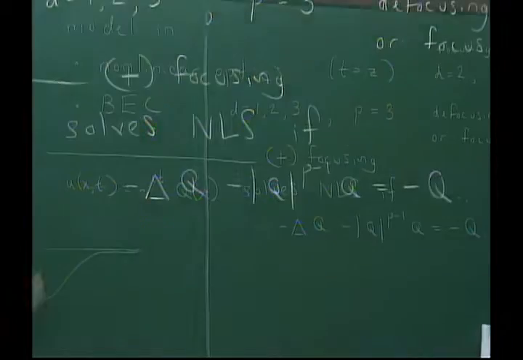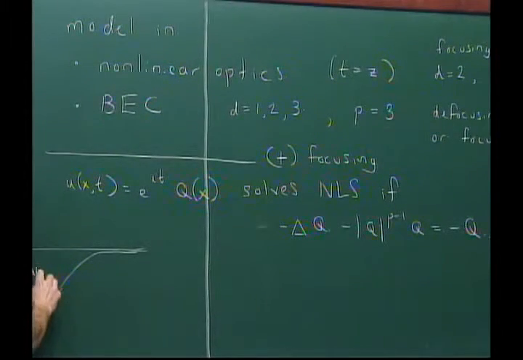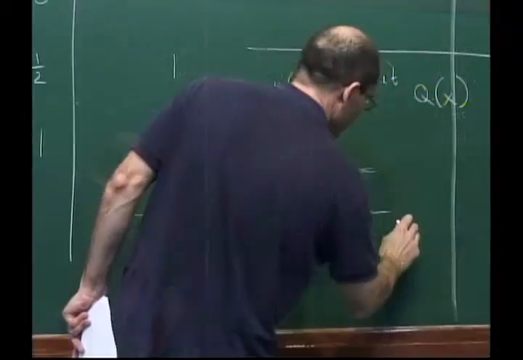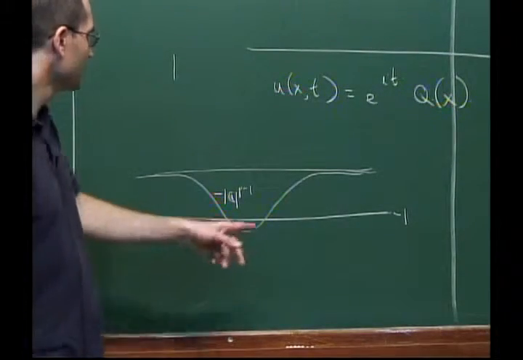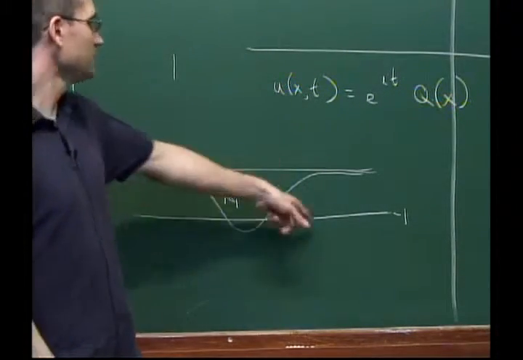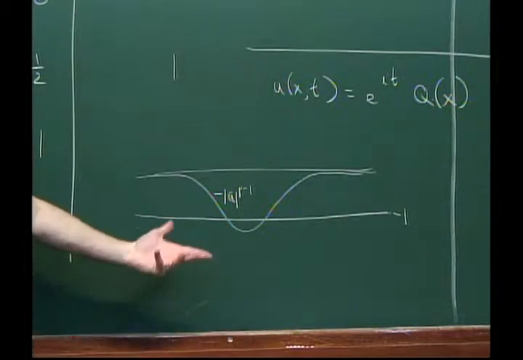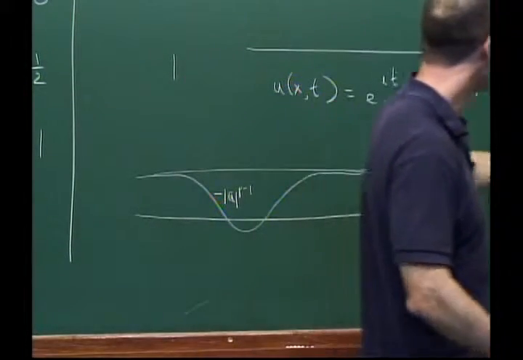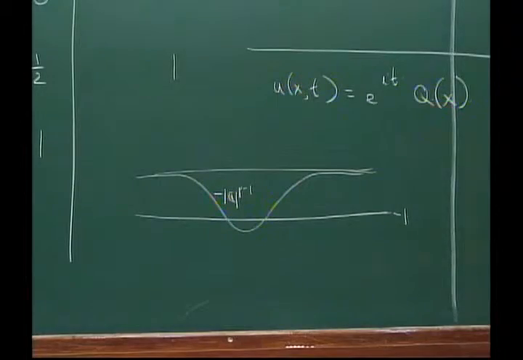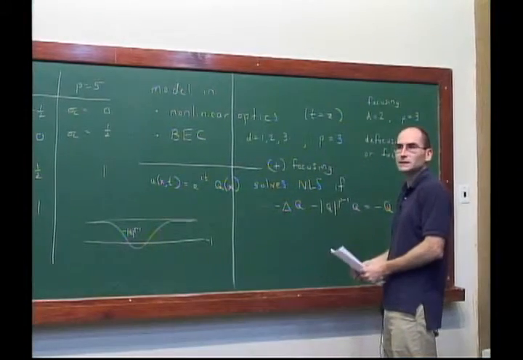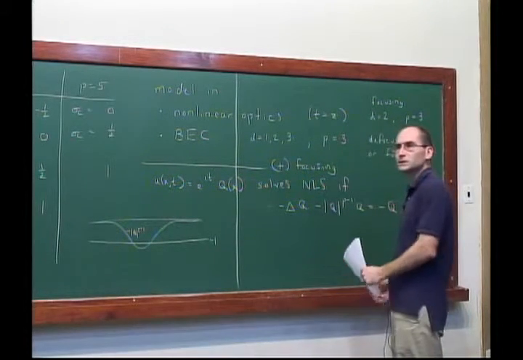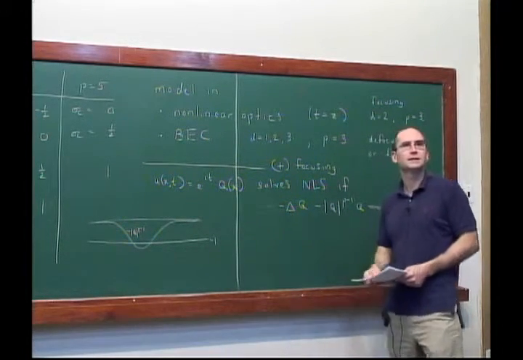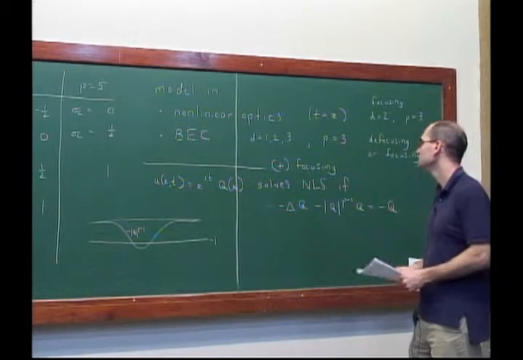Because this is then a plot of minus Q to the p minus 1, and then minus 1 is the eigenvalue. And you can have a Q sitting in that well at that energy. So it's possible to construct solutions to this equation. And they're smooth and exponentially decaying and radial with very nice properties. All right, so that is a solution, and it's called a solitary wave, or sometimes soliton is used.